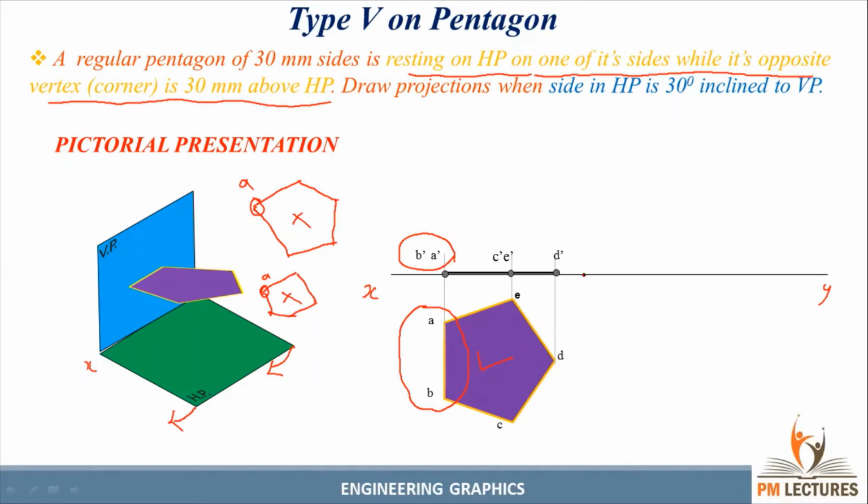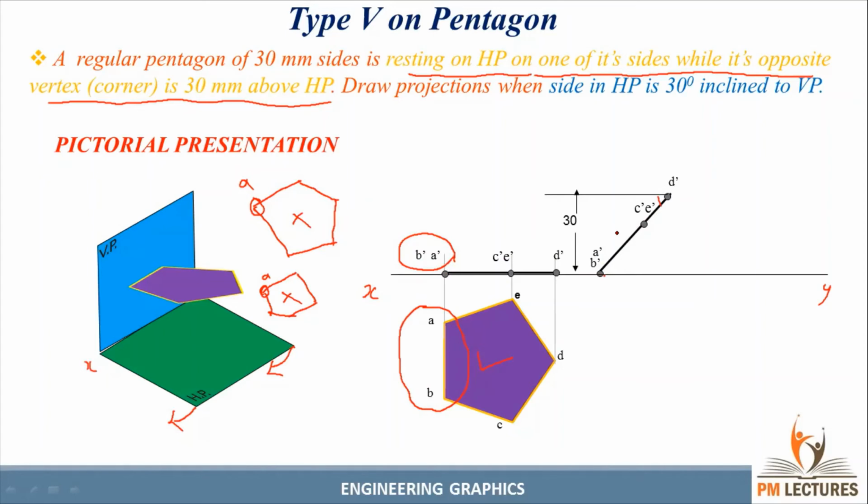For that, we draw a horizontal line at a 30 mm distance. After drawing it, take your compass, measure the distance A dash to D dash, and put an arc from here. Then draw a line. This and this will be the same distance; give the name.